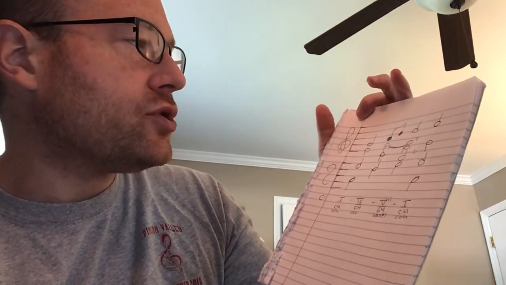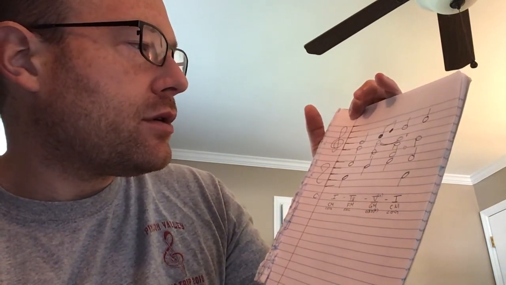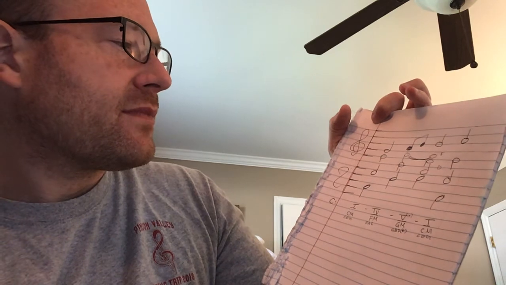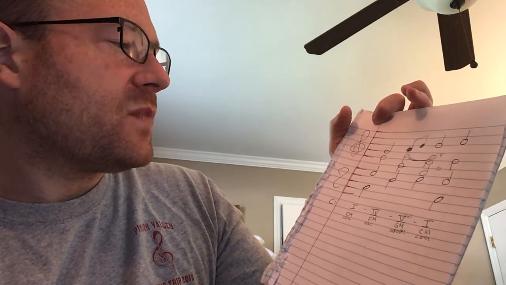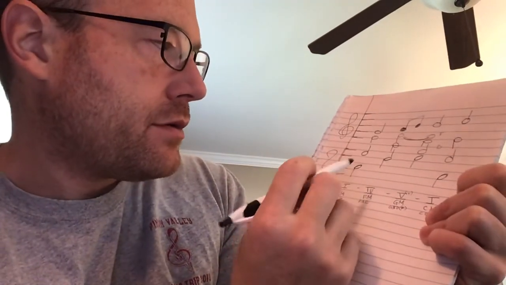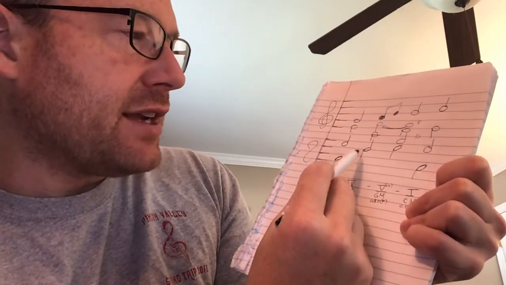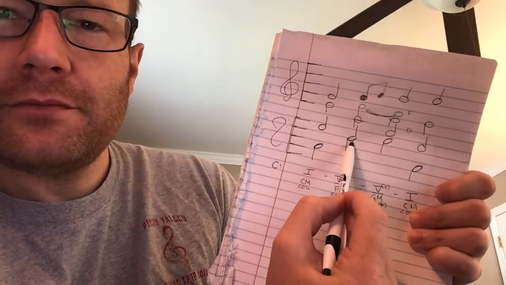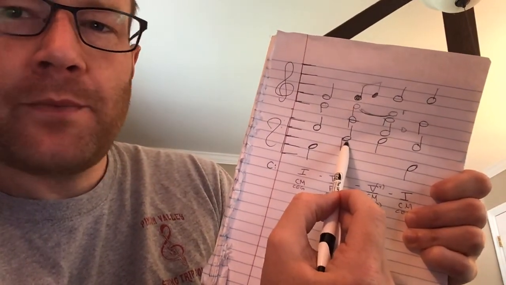Let's say I want to, let's find another spot. Sorry, it's getting a little hard to read. So let's say maybe in the bass line. Let's do that. So in the bass line, let's say I'm here on my F. Okay.